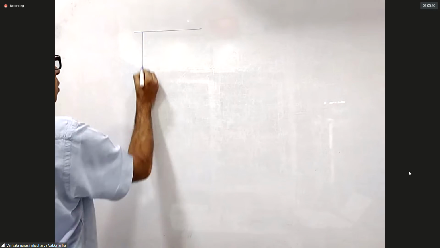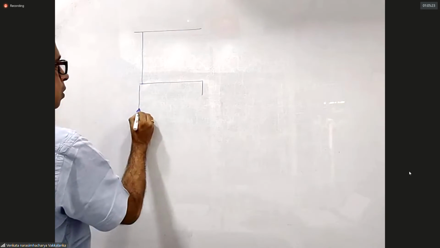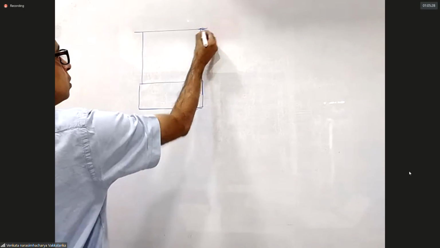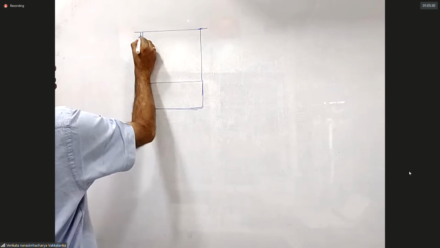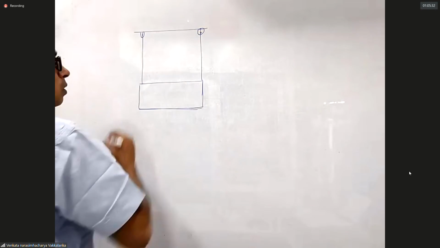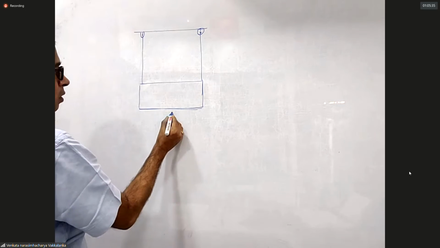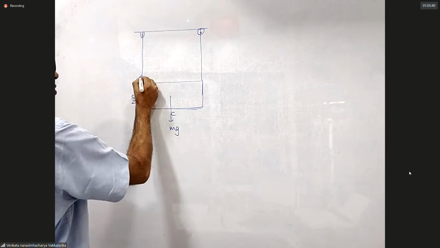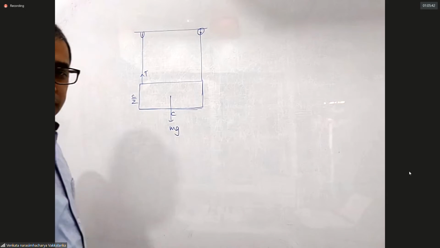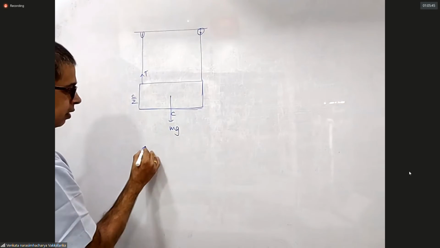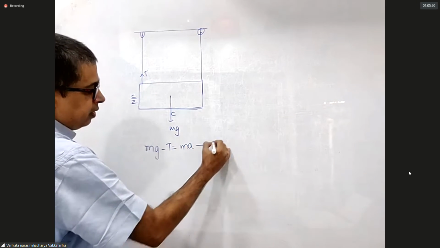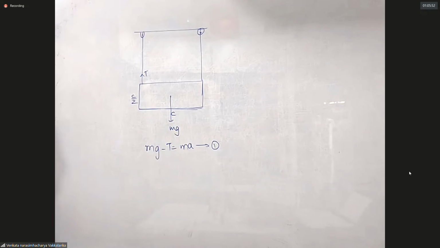Now listen. This length is c, this is c by 2, this will be mg, this will be T. mg minus T is m into A. Translational dynamic equation.